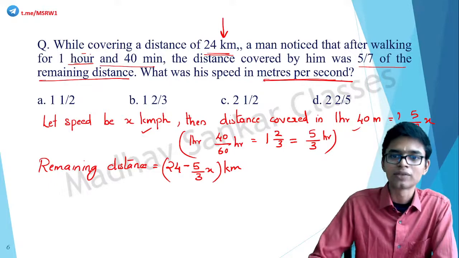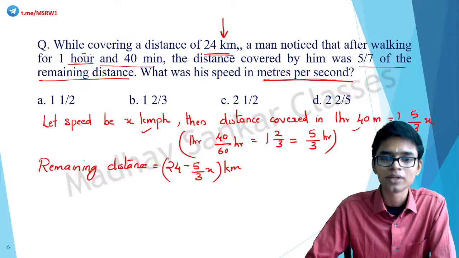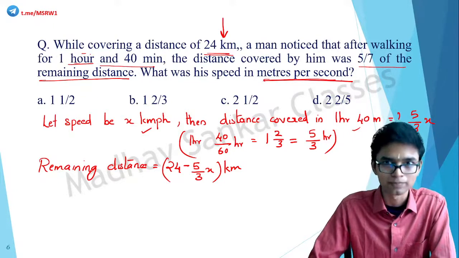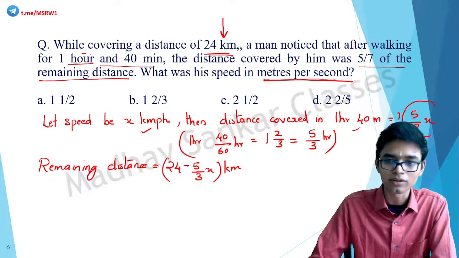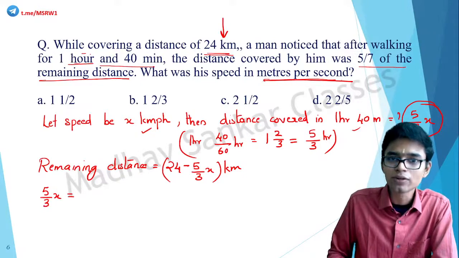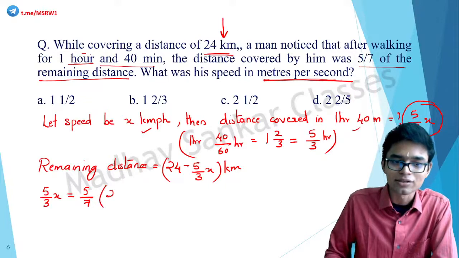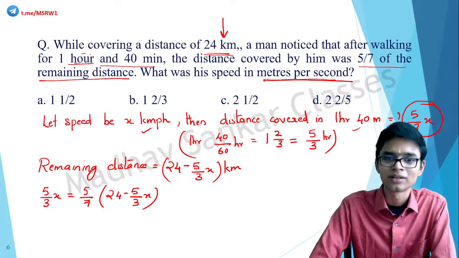According to the question, the man noticed that after walking for this much time, the distance covered by him is equal to 5 by 7th of the remaining distance. The distance covered by him is 5 by 3 x. This is equal to 5 by 7th of the remaining distance. Correct? So this is our equation.